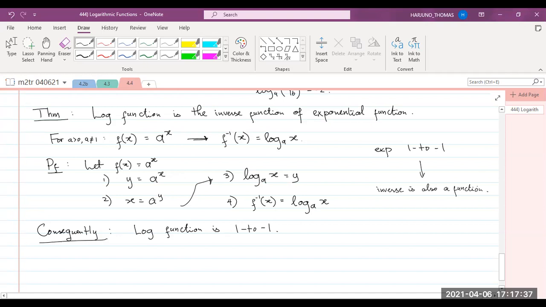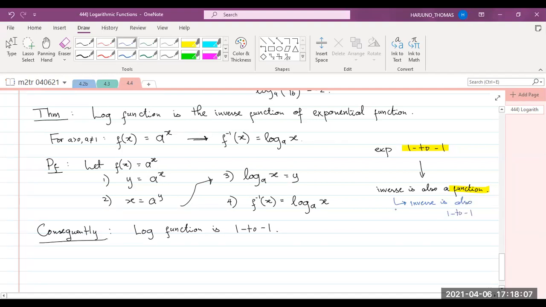Once I give you a function, the inverse is always there. But to make the inverse also a function, the original function has to be 1-to-1. The free stuff after that is that the inverse is also 1-to-1.